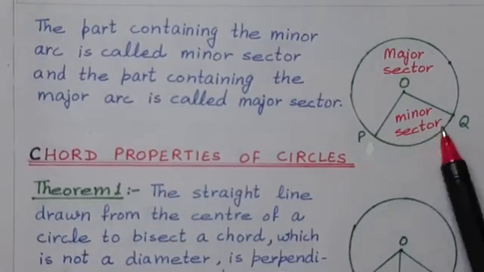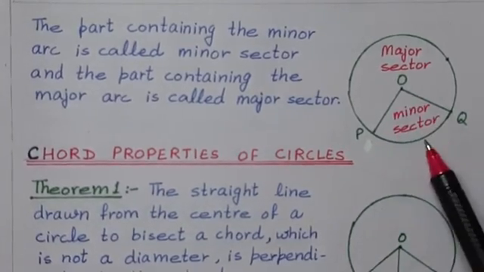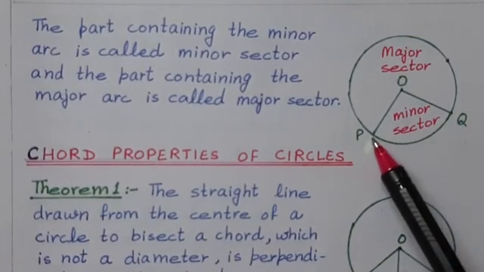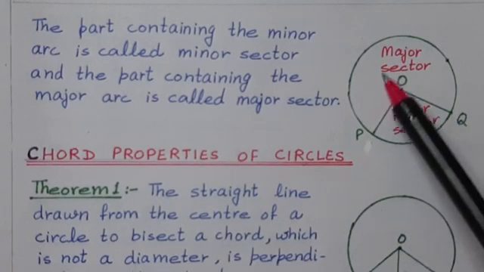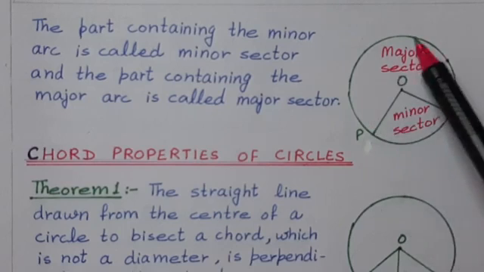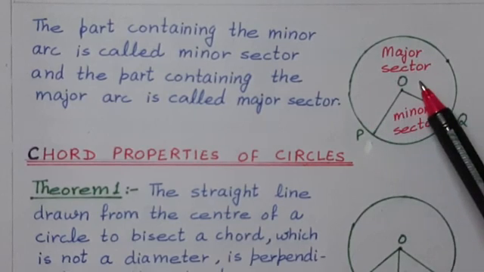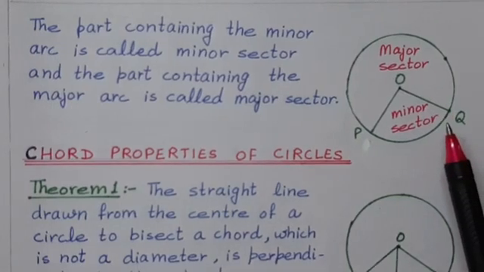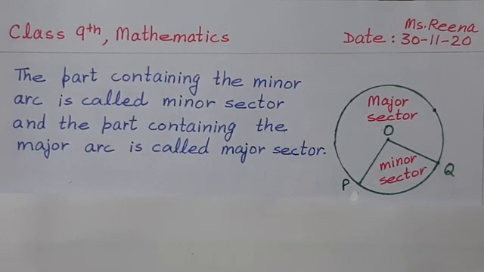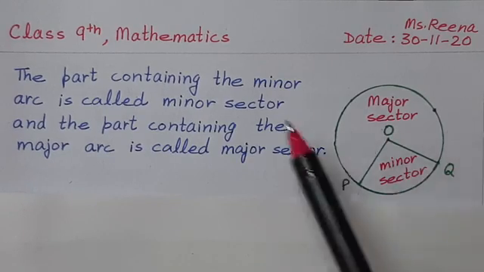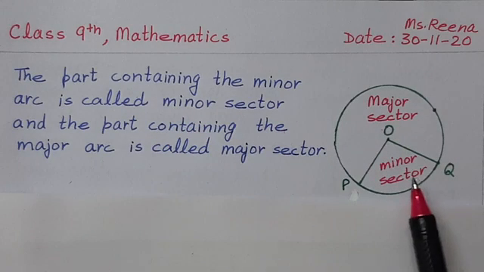You can see here POQ is the minor sector and POQ, the reflex angle, this area is the major sector. Now students, we have already discussed all the basic terms of circles. Clear? Now we will be discussing the theorem in the next lesson.